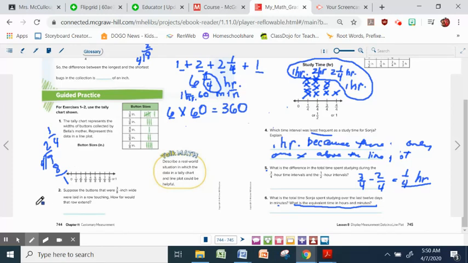Now, I think this is where most of you got tripped up. Okay. So now here is where you're going to have to think about it. Let's say I'm going to draw it so it will be easier for you to picture. If this is my clock, I know that 1 hour is equivalent to 60, and since I'm converting it into minutes, I'm going to put 60 for 60 minutes.